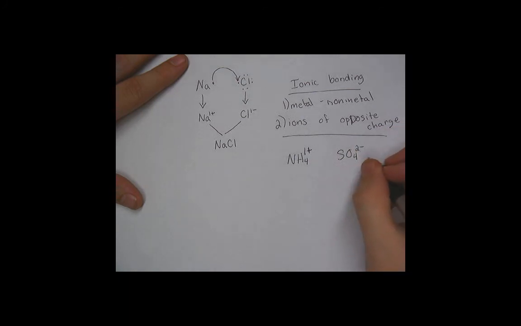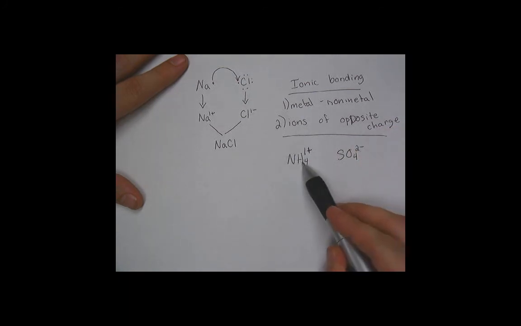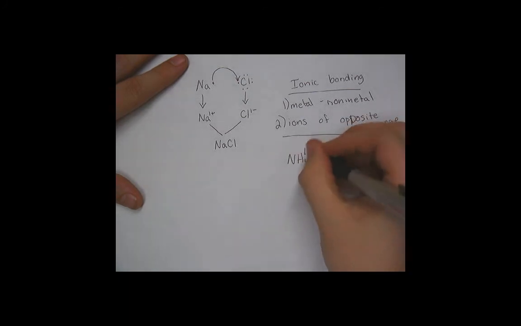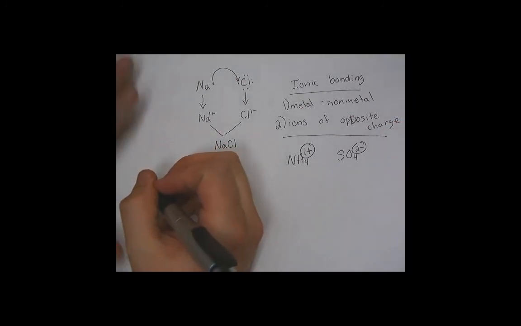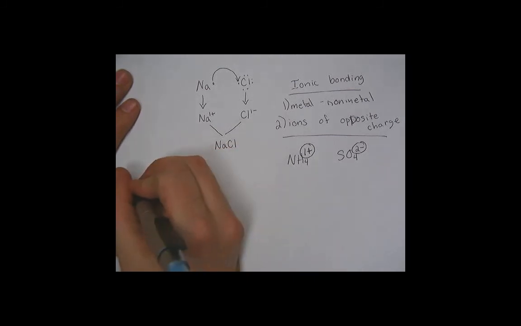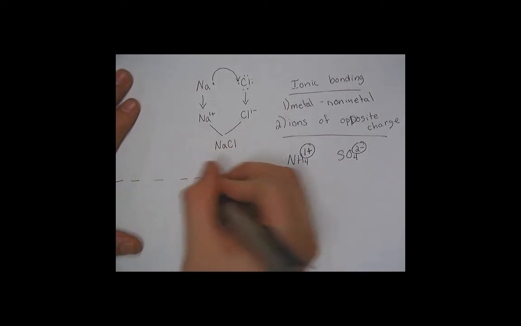So in other words, what's important is not whether these are metals or nonmetals, but the fact that this is a cation and this is an anion. Therefore, they form ionic bonds. So hopefully that was the clarification that a few people were asking for on that particular topic.